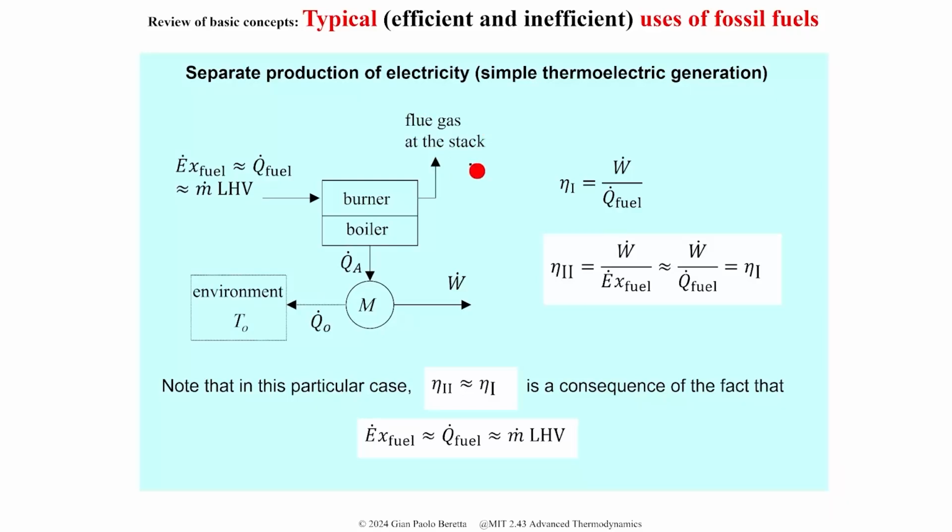But you can also have condensation. So if you can use higher level materials that can sustain corrosion, you can also condense part of the water that is produced by the combustion process.